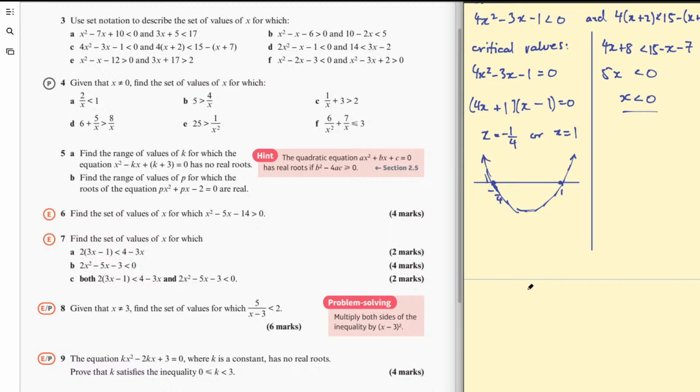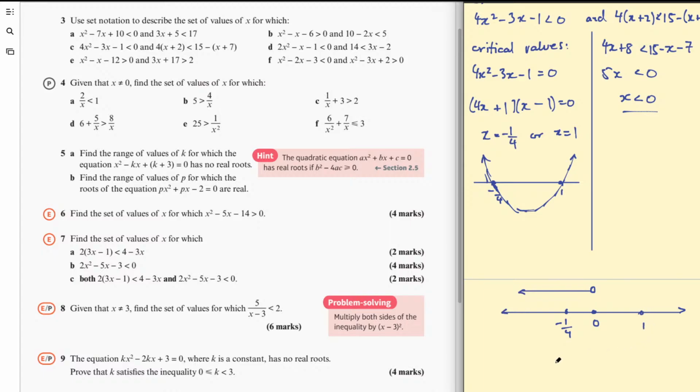So next step when you have two inequalities is to draw the number line and combine them. So for this one, we were talking about x less than 0. So this is 0 here. So that would represent that inequality. And for this one, we had some values at -1/4. And this number line doesn't have to be to scale, by the way.